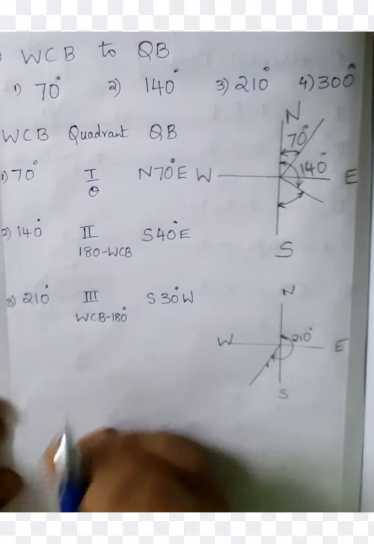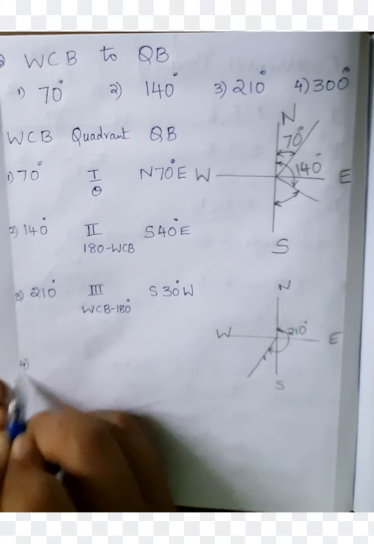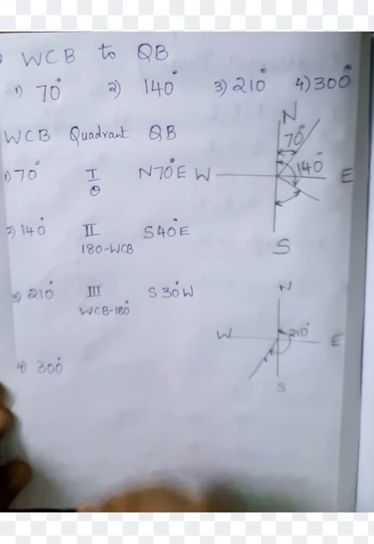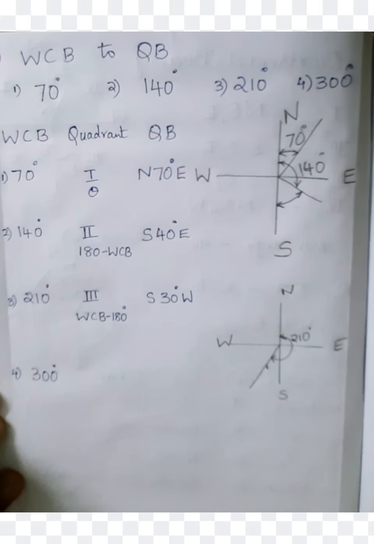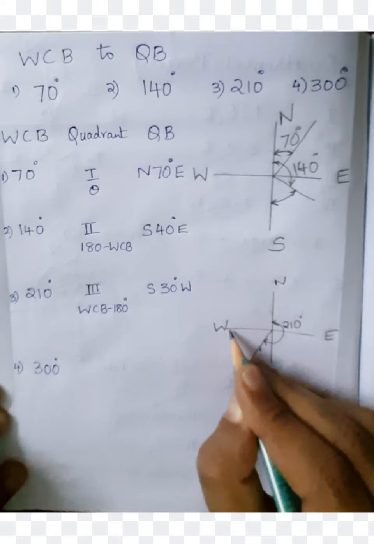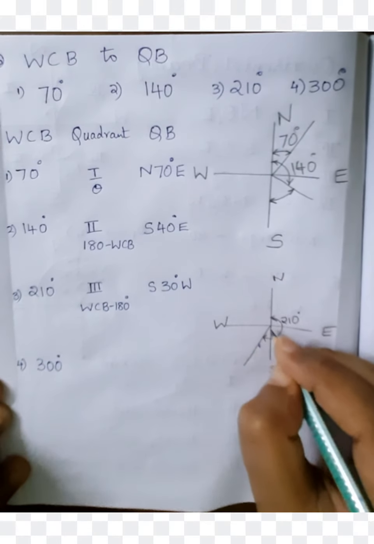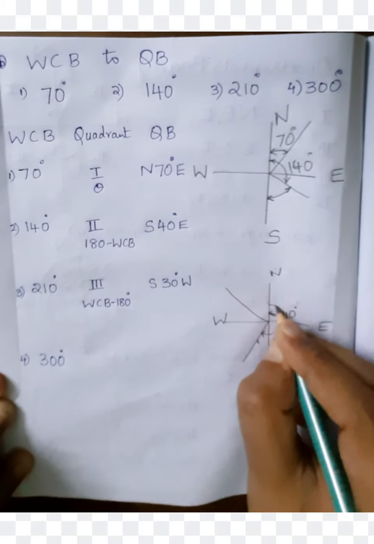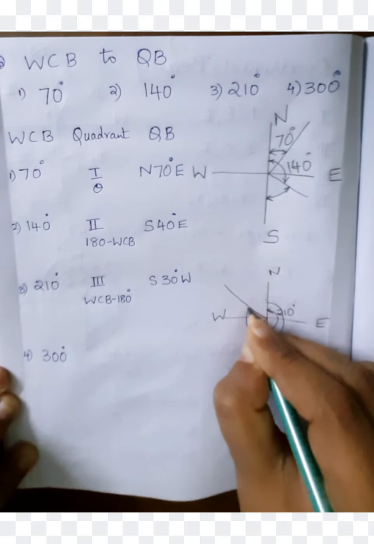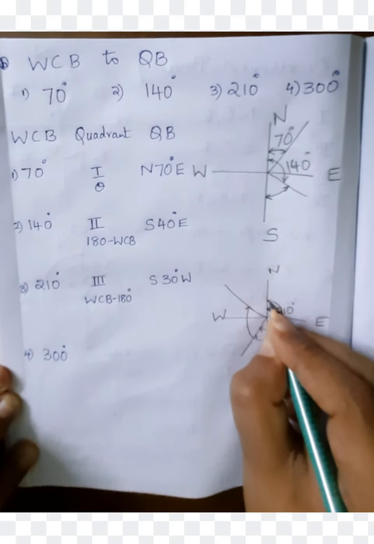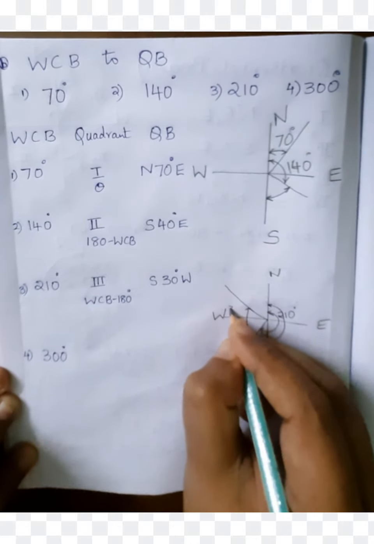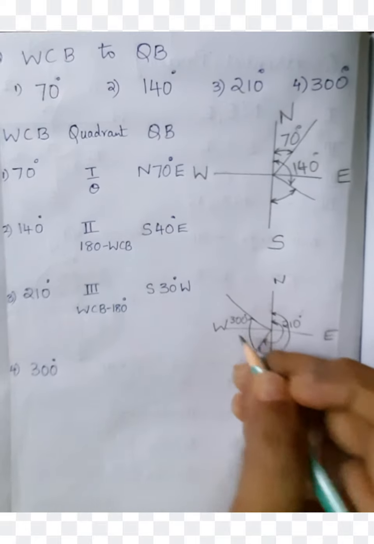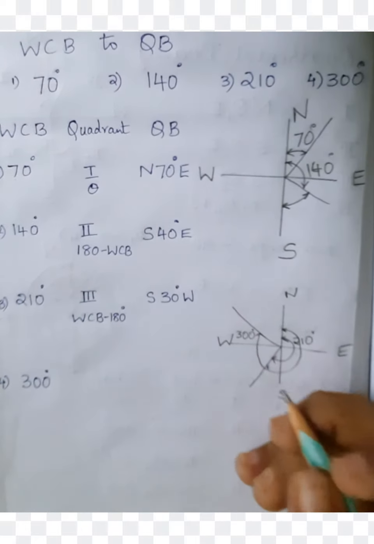Now coming to the fourth one, 300 degrees. Up to here is 270 degrees, so somewhere I'll get the 300 degrees angle like this. Now I am supposed to convert this 300 degrees whole circle bearing angle into a quadrantal bearing angle.